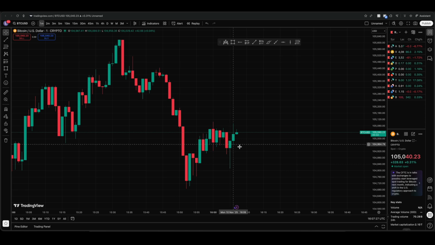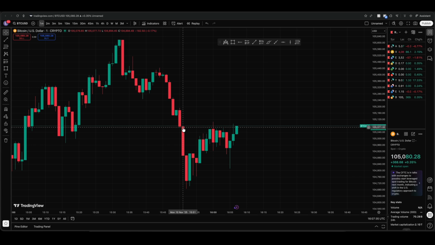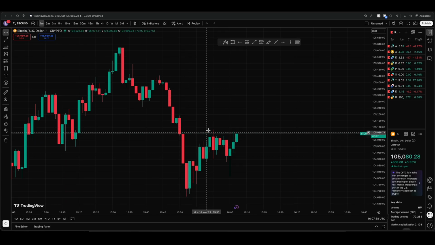In the candle, there are some tricks that you can learn to identify the trend. For example, this candle. What does this candle show us? In this candle, you can see that there is no wick, no shadow. The price starts from here and goes directly down to here. What this candle is trying to say is that the price was really bearish here.